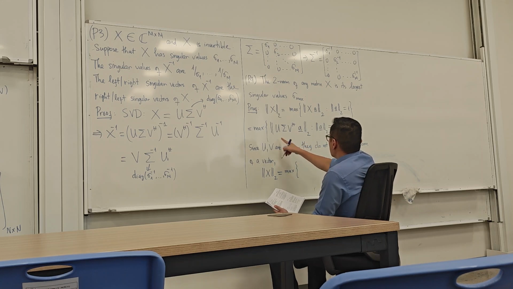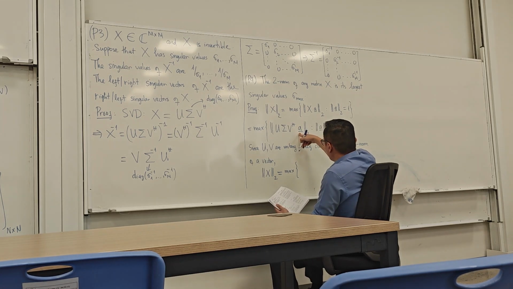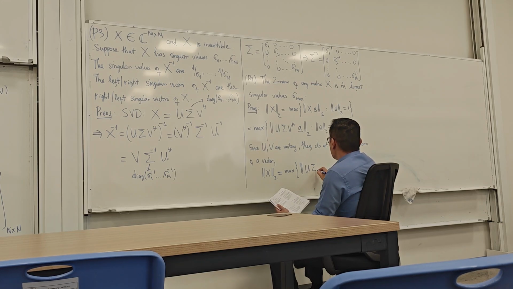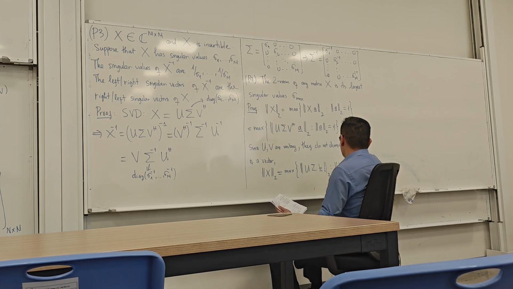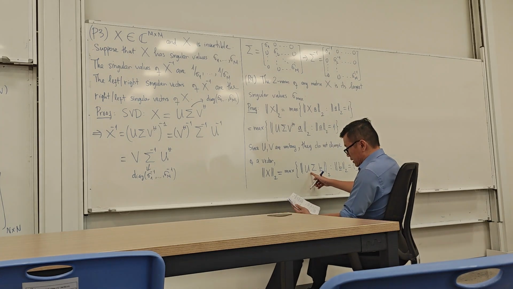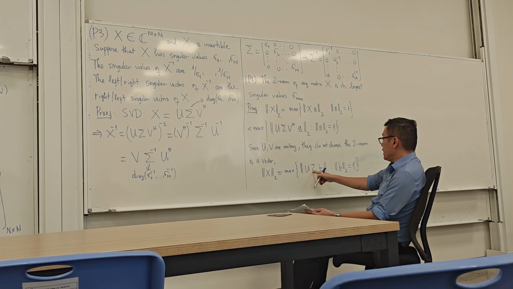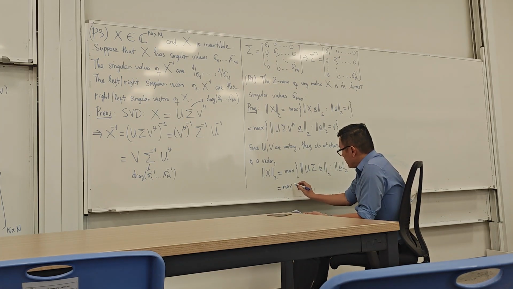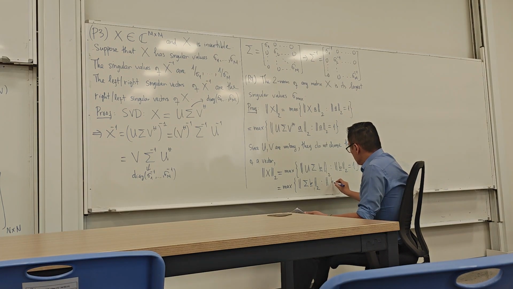Because V Hermitian does not change the L2 norm of A, I can draw it into the following form: the L2 norm of U sigma B. Because if the L2 norm of A equals 1, then the L2 norm of V Hermitian A equals 1, and I replace this by B, with the condition that the L2 norm of B equals 1. Because U is unitary, this equals the max of the L2 norm of sigma B, with the L2 norm of B equal to 1.